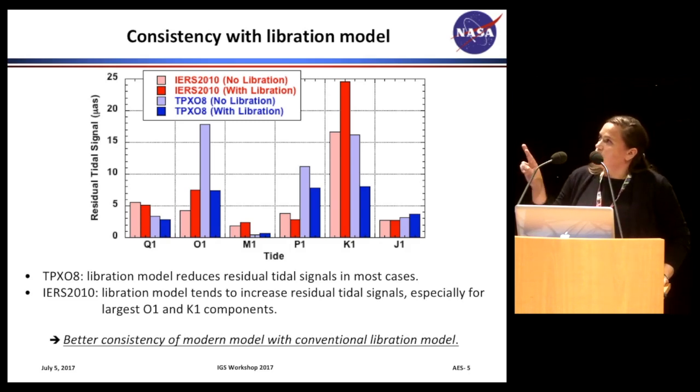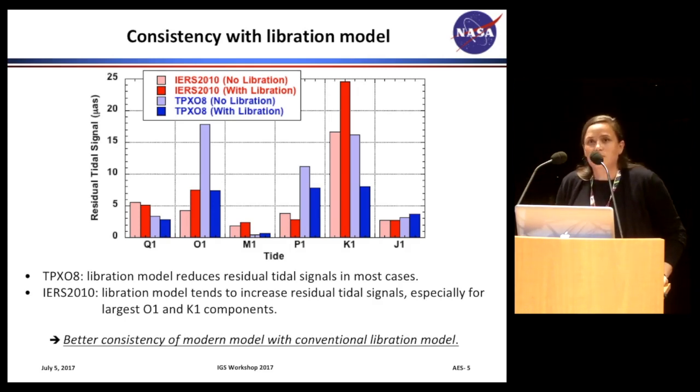So you can see that the red is for the conventional model, and the blue is for the TPXO8-based model. The pale shade is when we don't apply the libration effects, whereas the dark shades are with libration. So you can see that in the case of the TPXO8 model, using the libration model in addition reduces the residual signals in most cases.